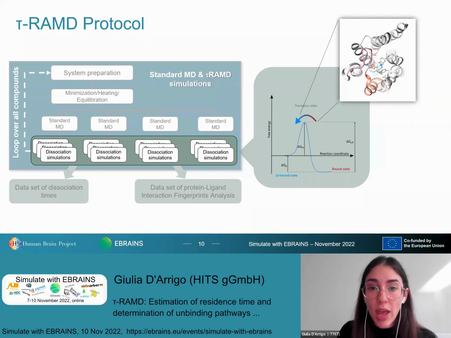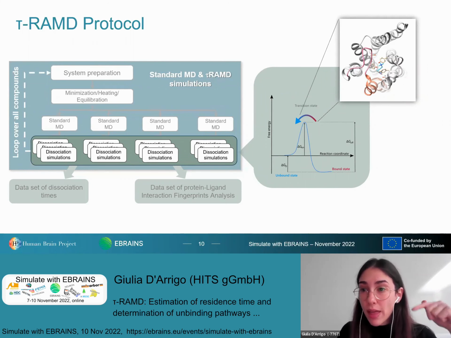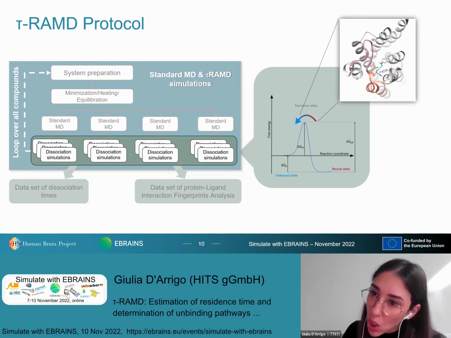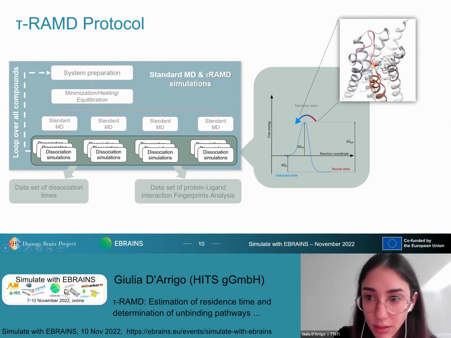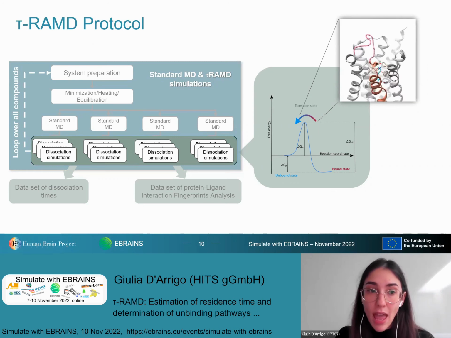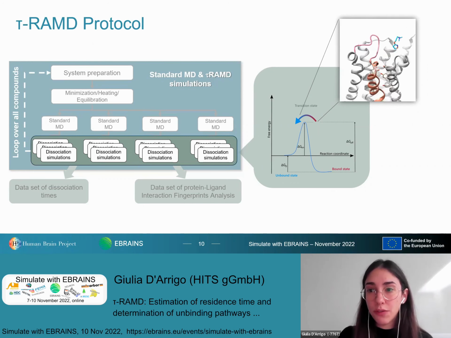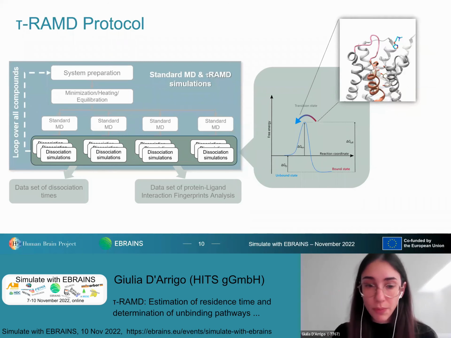So let's say we have 4 input structures that derive from the previous standard MD simulations, and then for each of these 4 structures, we are going to run a set of around 15 RAMD trajectories that look like the movies that I'm showing in the slide. And this whole set of steps will be repeated for every compound that you want to simulate. So basically, this workflow that I just showed you now is just for one compound.